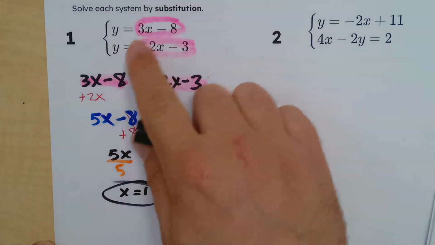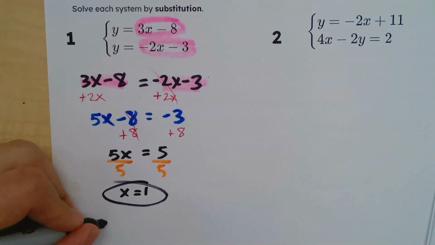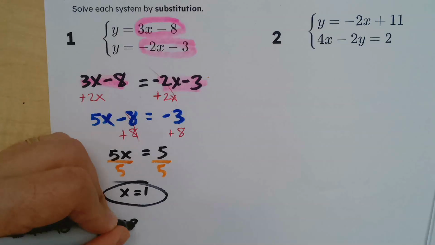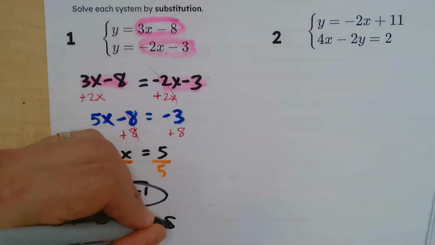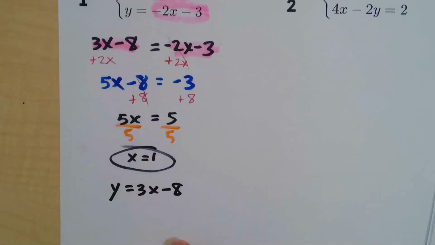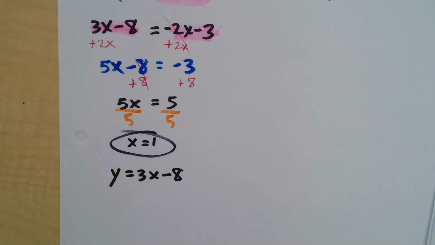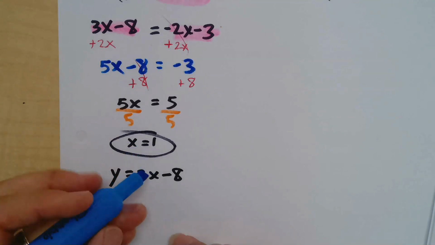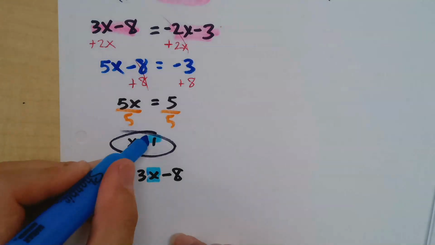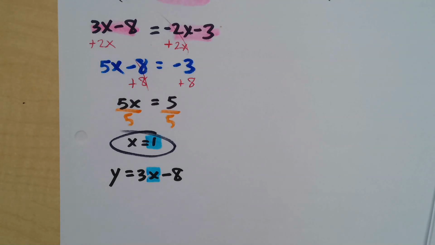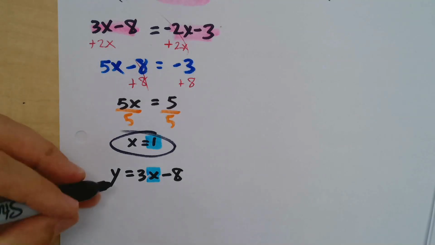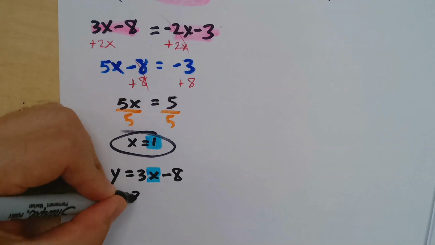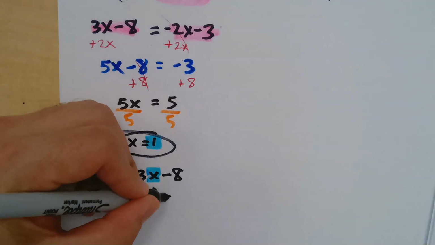Now we need to rewrite one of these equations. It doesn't matter which one. y equals 3x minus 8 is one I'm going to write. And what I'm going to do is, instead of writing x, I'm going to replace the x with 1. So now we're going to write y equals 3 times 1 minus 8.